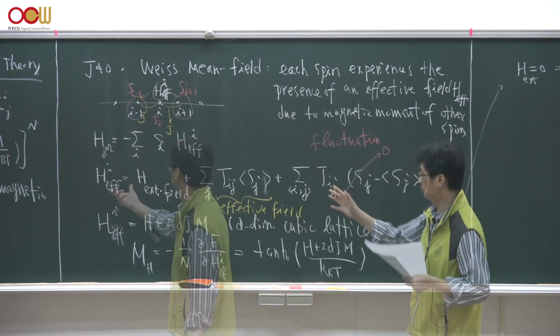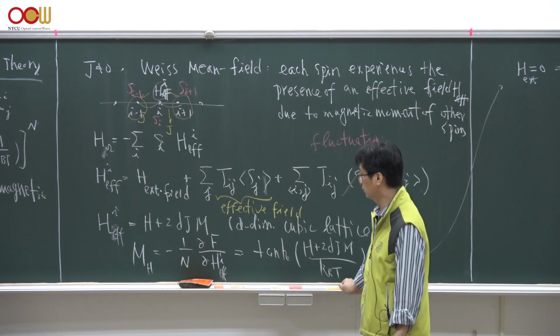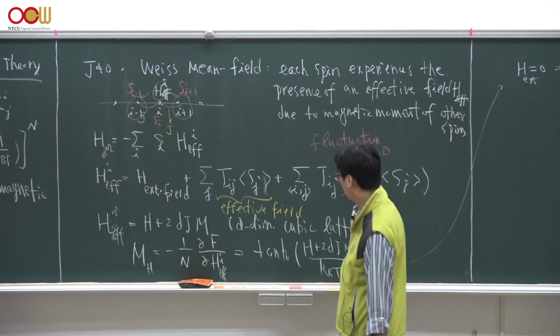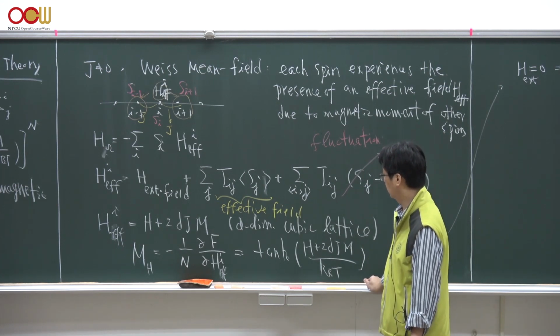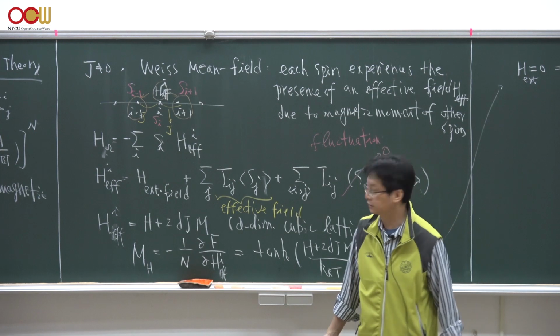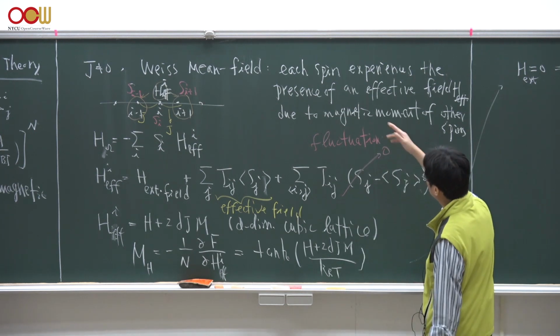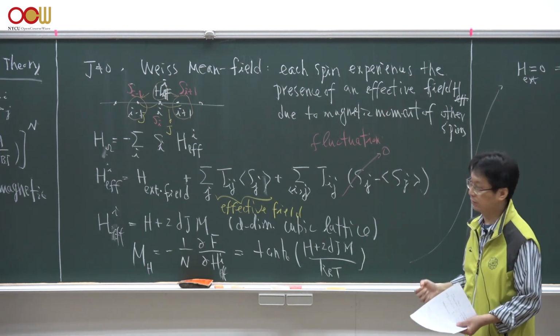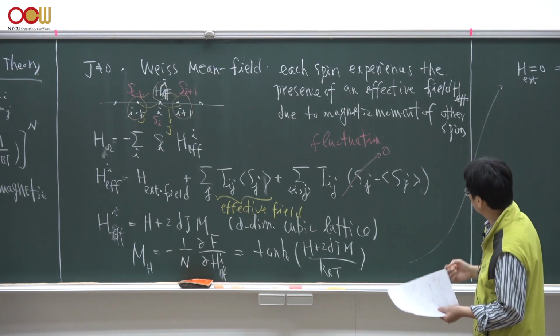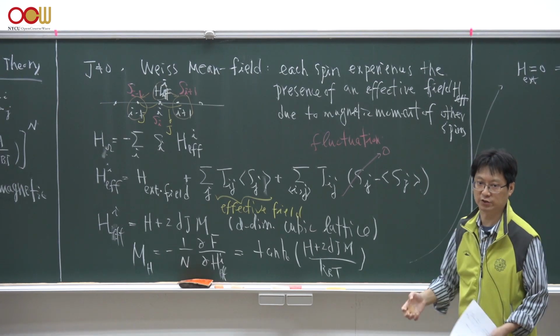You could pick up the so-called effective field, which includes the external field that you applied, as well as the effective field coming from the Ising coupling of the neighboring spins. In other words, each spin experiences the presence of an effective magnetic field due to the magnetic moments of other spins.